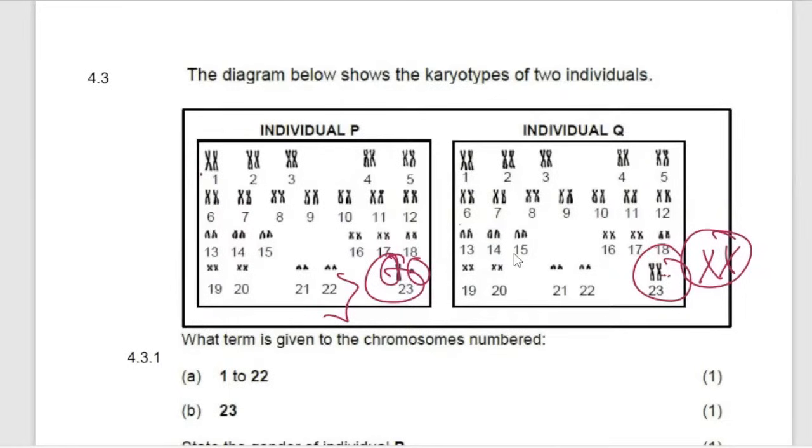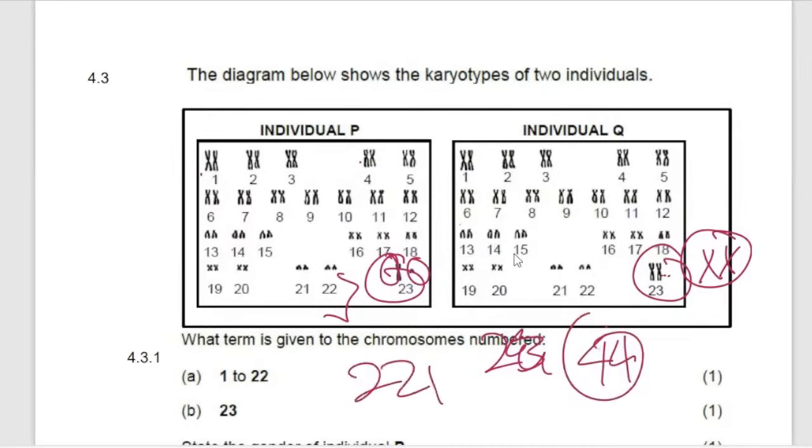But if they ask you, how many autosomes are found in P? Please, guys, don't just say that it is 44, or it is 22 pairs. No, count them, because sometimes maybe chromosome number 6, they put 3, whereby you say 1, 2, 3, 4, and you don't recognize that.